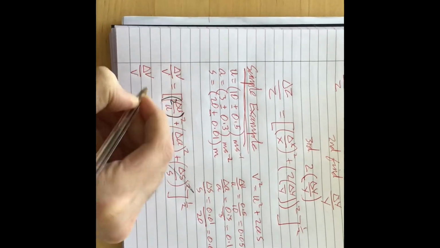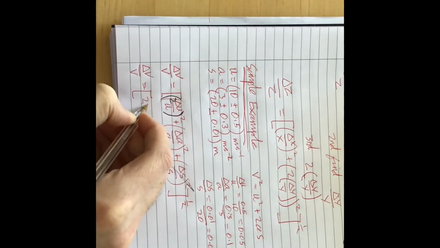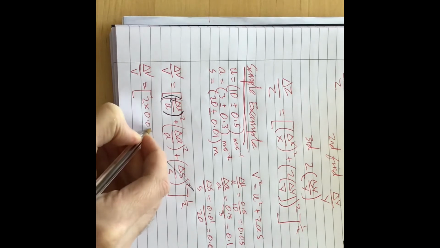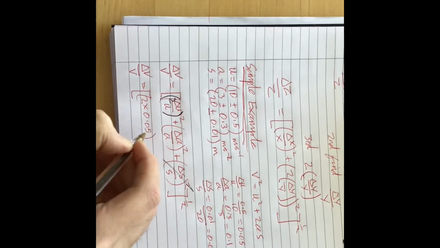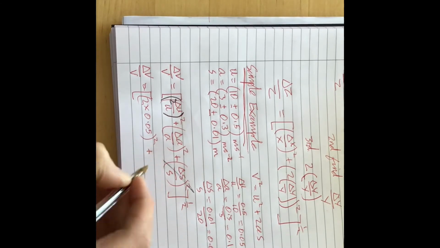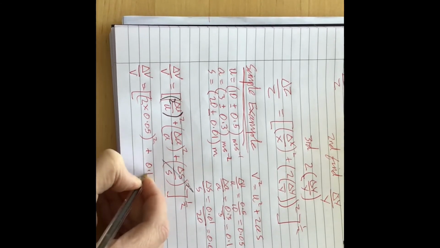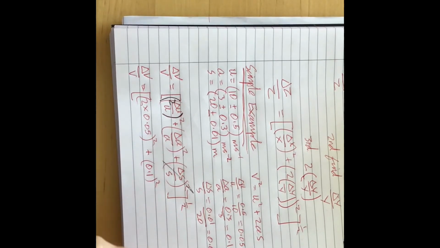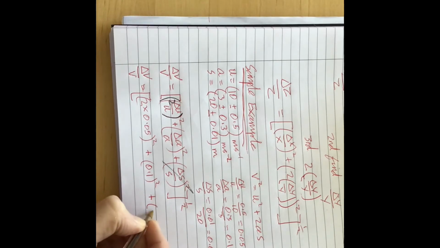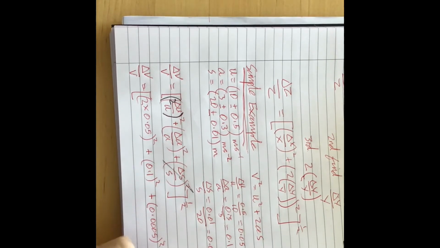Delta v over v equals the square root of [(2 times delta u over u, which is 0.05) squared plus (delta a over a, 0.1) squared plus, if we're not going to ignore it, which we could if we wanted to, 0.0005 squared].